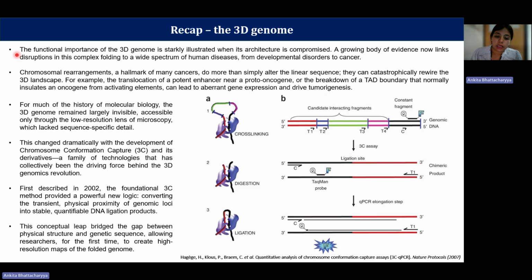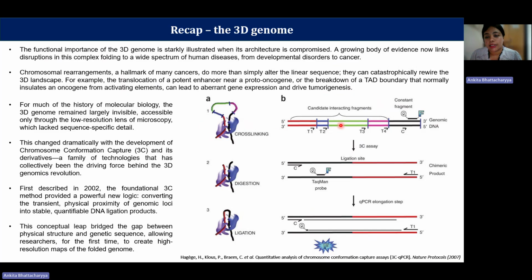So this is a representation of chromosome capture assays, an example of which is 3C qPCR. If you look here, this is your chromatin loop, which has two regions brought close together by the interaction of certain proteins. Then cross-linking is allowed to proceed, which will freeze these DNA-protein interactions in place.